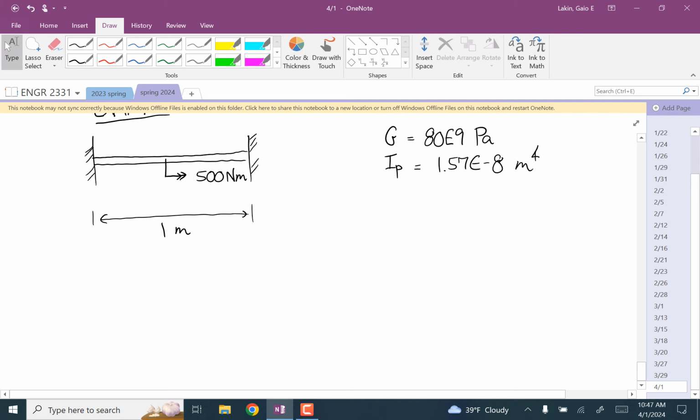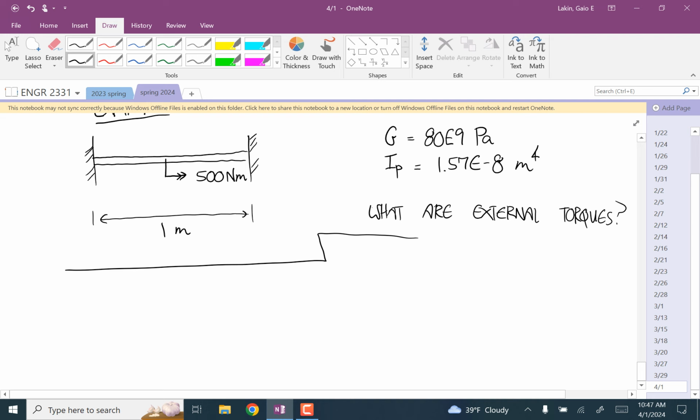Okay, well, what we're trying to find here are the external loads, or what are the external torques. Well, first we'll do the statics. Doing this step is how you figure out for sure whether it's statically indeterminate or not. So free body diagram, we have a reaction torque here.